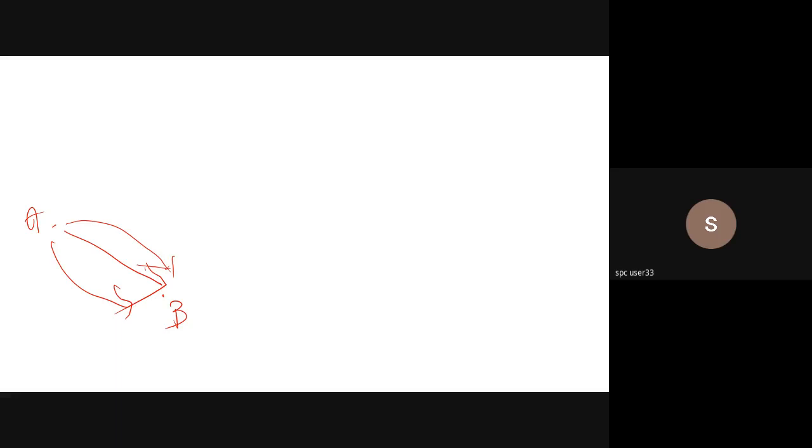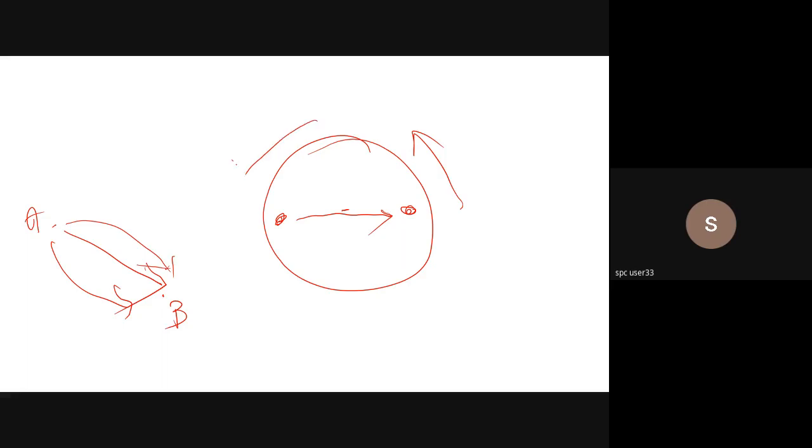What does that mean? If there is a circular surface moving in a particular direction, and you have people sitting in different directions, and you throw a ball from one point to the other, by the time the ball reaches the person, the rotating disk moves ahead, and after some time this point has moved this way.